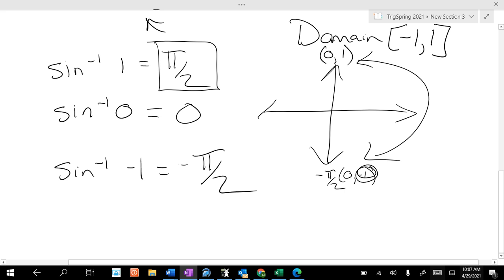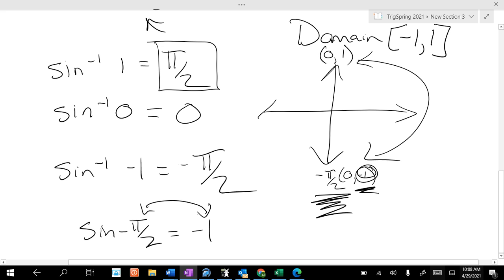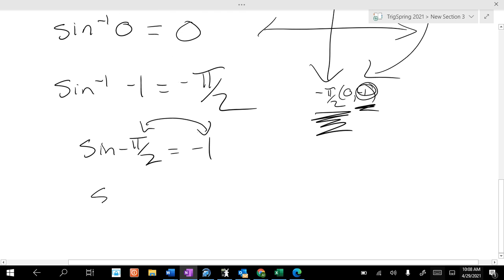Okay. At -pi over 2, the sine is -1. That's normal sine. The normal sine at -pi over 2 is -1. Do you get that? On your unit circle, if you go to -pi over 2, you're at 0, -1. The y value is -1. That's sine. So if you flip these two around, that's the inverse. So the inverse sine of -1 happens at -pi over 2.